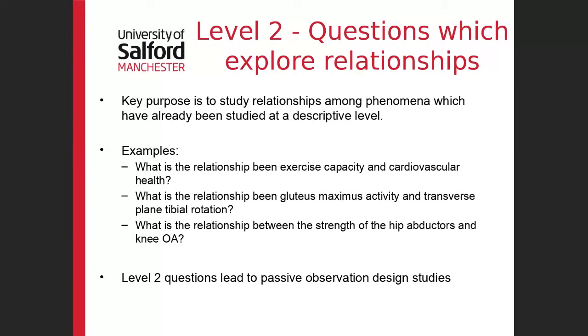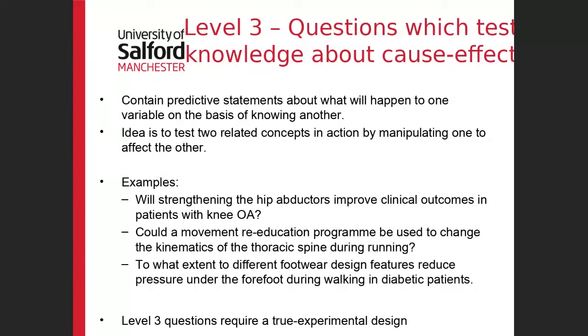What's the relationship between the strength of the hip adductors and the severity of knee osteoarthritis? Now, what's key here is that we're not actively trying to change anything as a researcher. We're just trying to understand a link or a correlation between two separate variables.